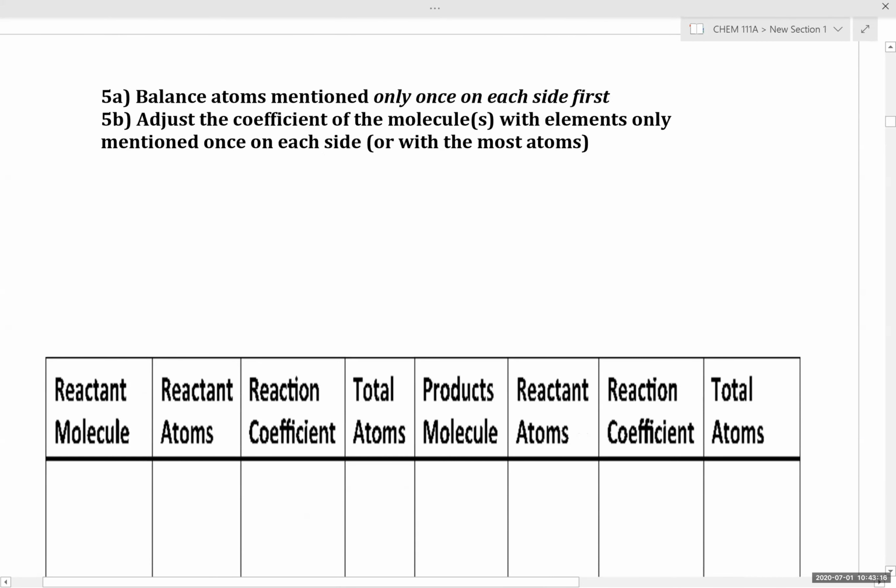So let's take this moment, and now that we've done a bunch of coefficient adjustment, let's write out our revised balanced equation with all of the coefficients that we've carefully calculated and created.